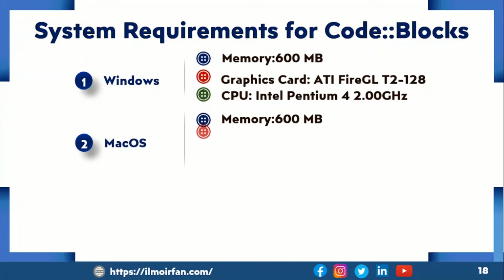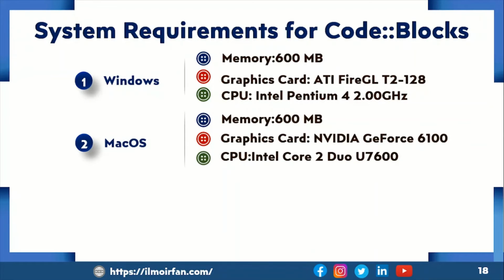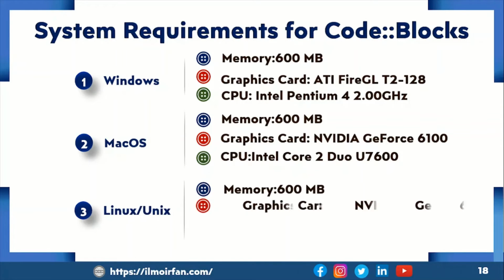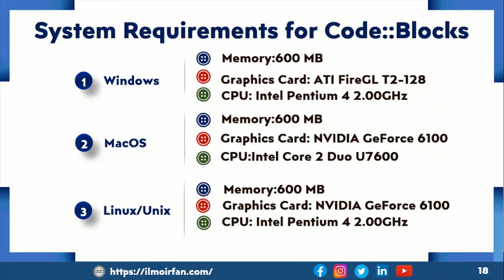For Mac operating system, we need memory of 600 MB, graphics card is NVIDIA GeForce 6100, and CPU is Intel Core 2 U7600. For Linux or Unix, we need memory of 600 MB, graphics card is NVIDIA GeForce 6100, and CPU is Intel Pentium 4 2 GHz.